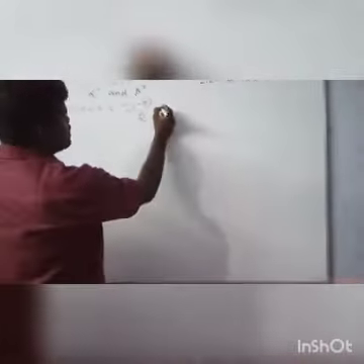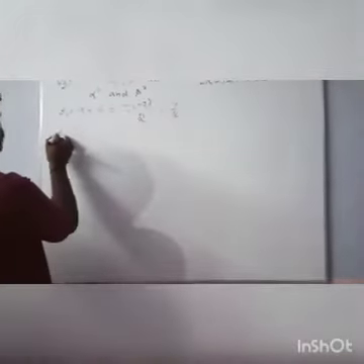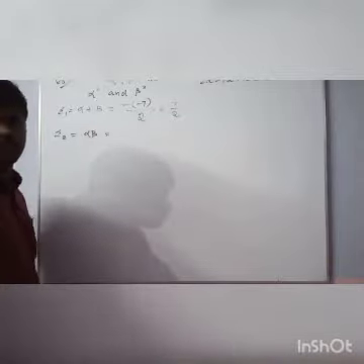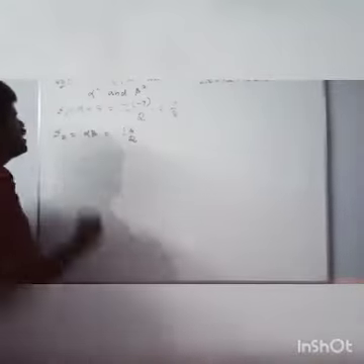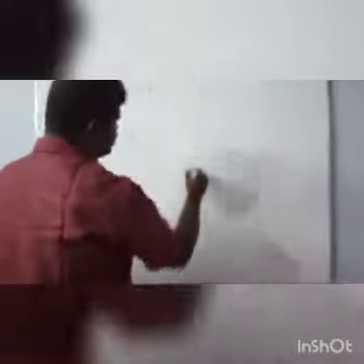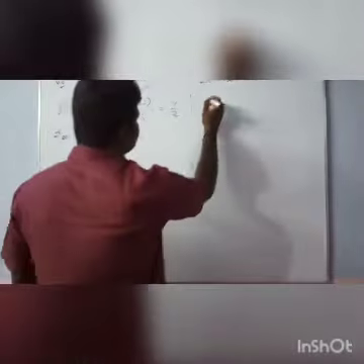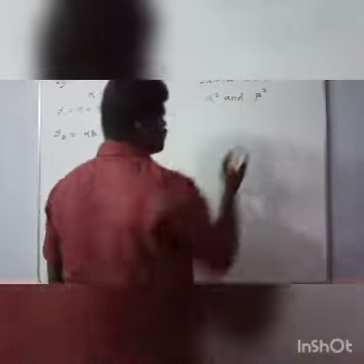So the answer is 7 by 2. And summation 2 equal to alpha beta equal to 13 by 2. This is the alpha beta value. And we require the equation with roots alpha square and beta square.